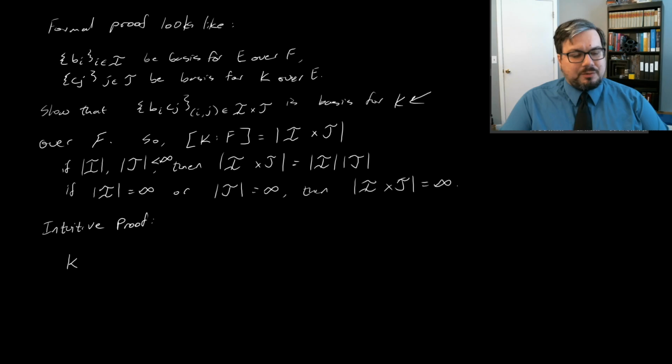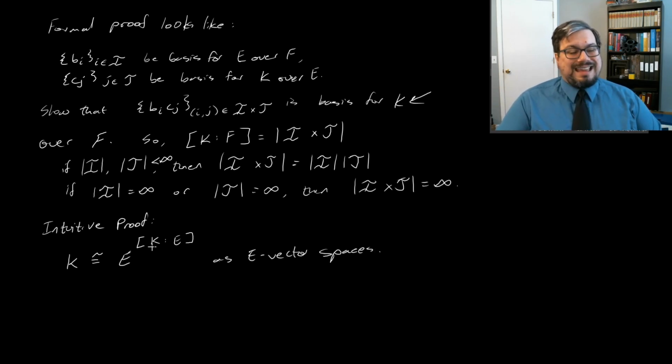By definition, we have that K is isomorphic, as E vector spaces, to E to the degree of K over E. Now, since F is a subset of E, every E vector space is also an F vector space.